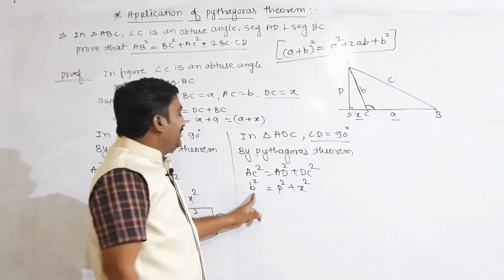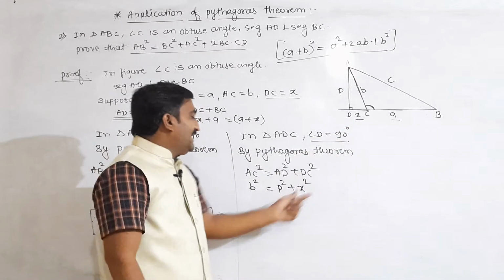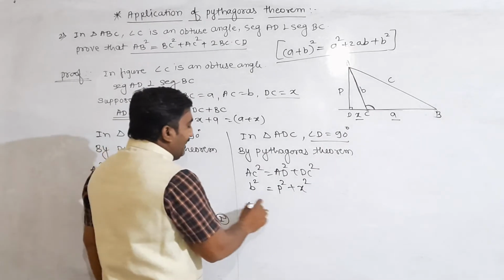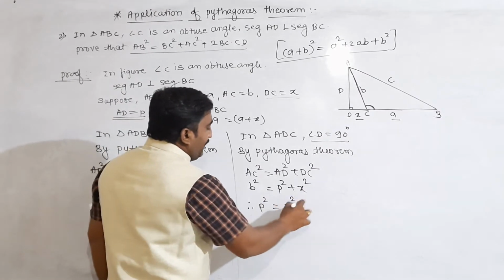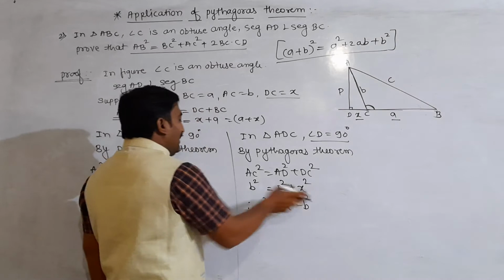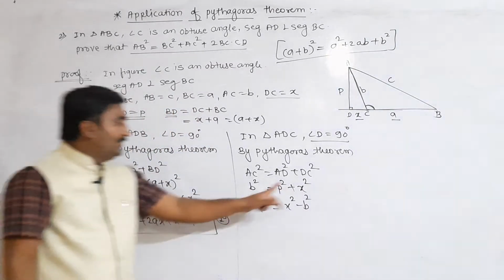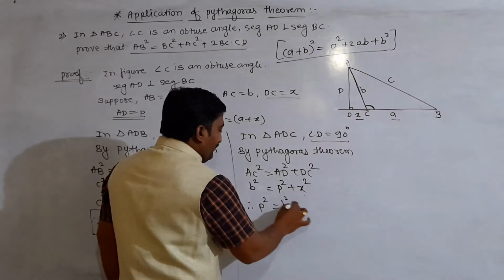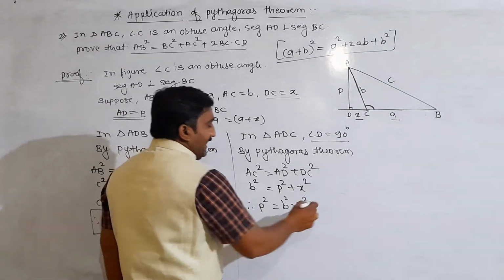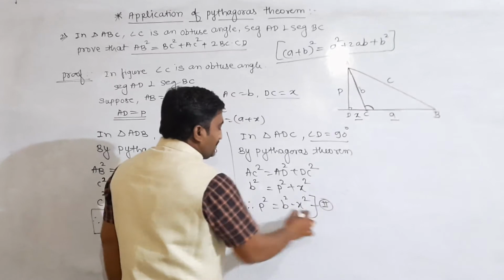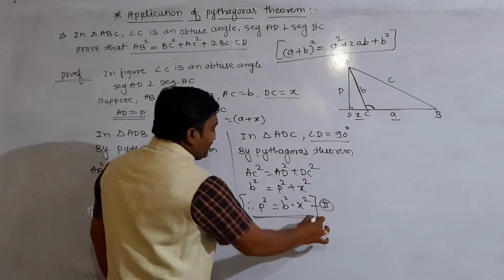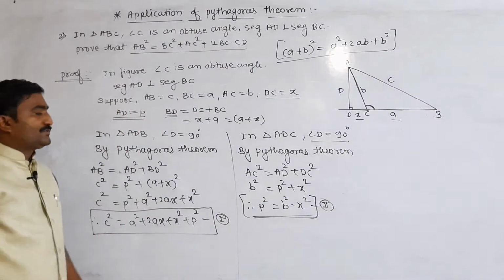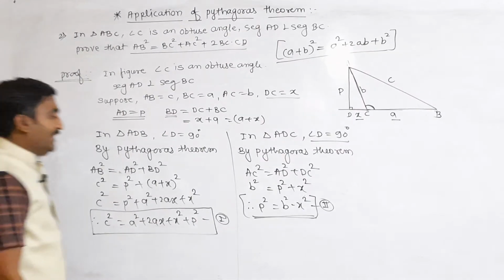Then calculate the value of p square. Therefore, p square is equal to b square minus x square. Plus minus, या ठिकाणी लक्षात घ्या. This is called equation second.